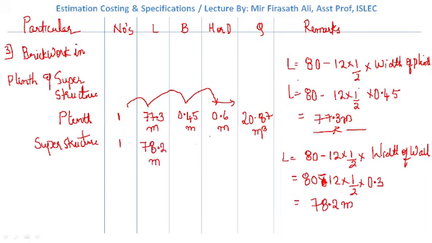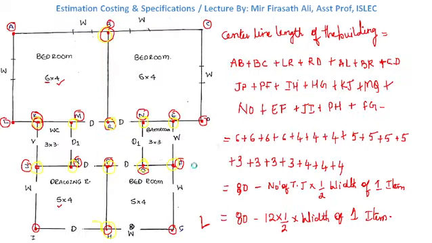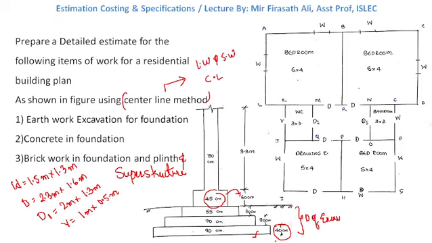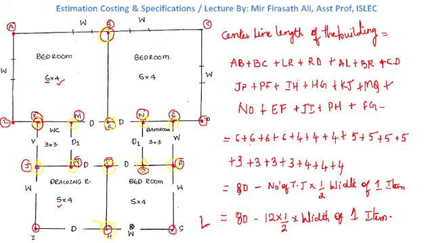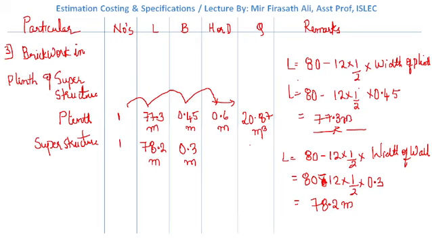78.2 meters. Thickness is 0.3 meters. You can see over here, it is all given in the section, 30 centimeter, which means 0.3 meters, and we have 3.3 meters height of the superstructure. So we need to include this 3.3 meters height. Now multiply this, 1 into 78.2 into 0.3 into 3.3.